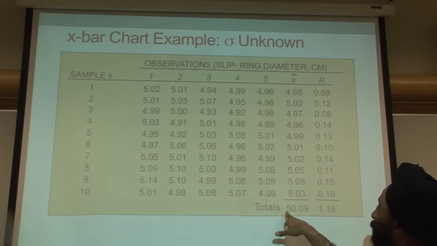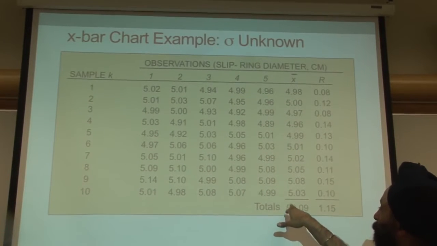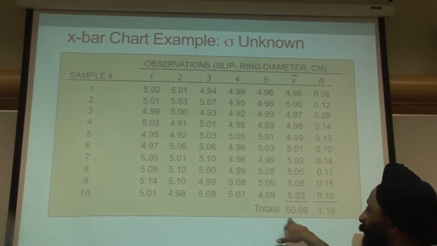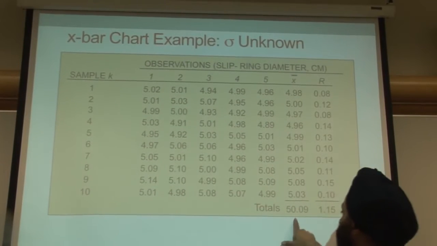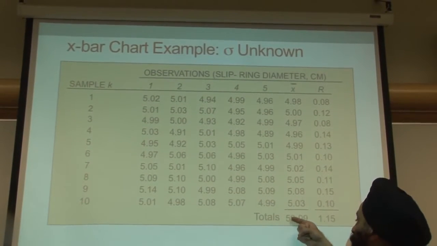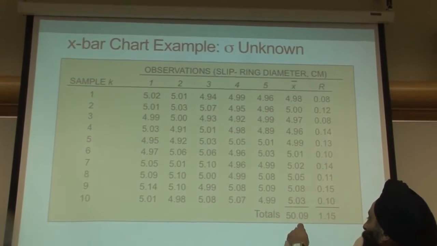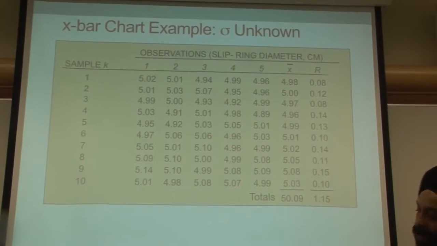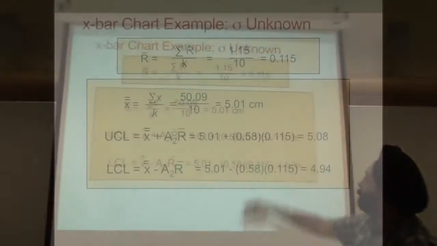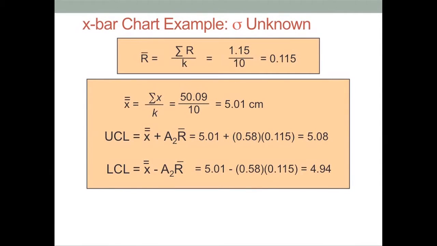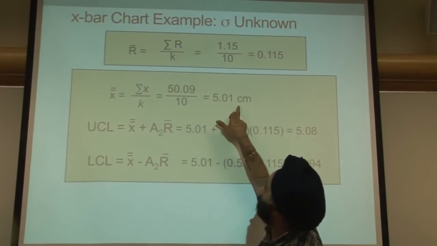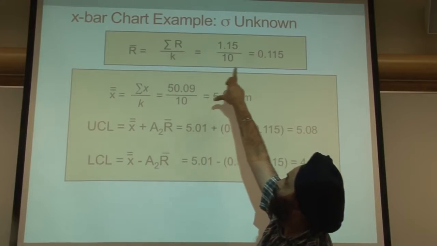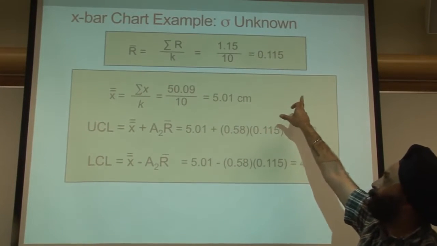To calculate the average, you take the total and divide by the number of samples, k, which is 10. So X bar is 50.09 divided by 10, which is 5.01, and R bar is 1.15 divided by 10, which is 0.115.